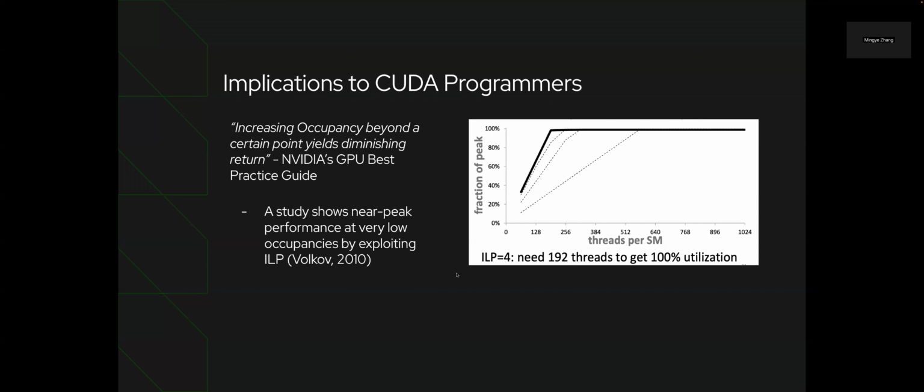This person tried hitting 100% utilization with fewer threads, but with more ILP, meaning more independent instructions. He realized that on 2010 GPUs, if you have four independent instructions, you can easily get to 100% utilization with fewer threads, but this does not scale beyond ILP equals 4.